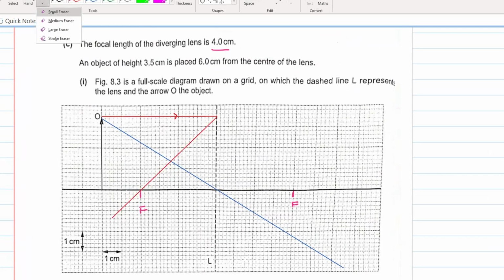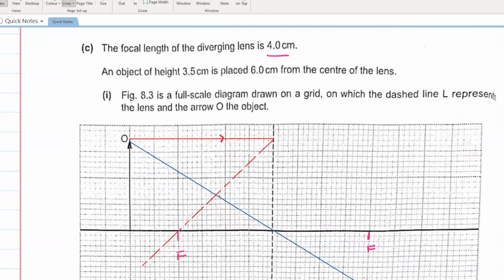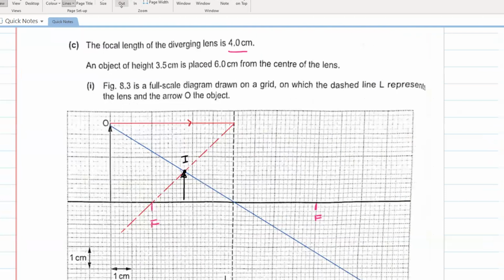We make this ray dotted like this. And once we have made this ray dotted, the intersection of these two rays gives you the position of the image I. This is your image I. Simple. Let's draw an arrow here as well. This is your image I. Simple as that, nothing complicated.